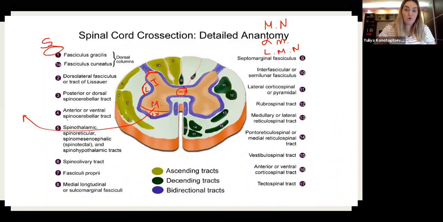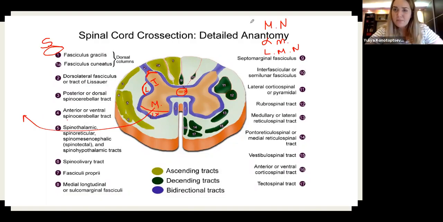Lower motor neuron goes from the spinal cord to innervate the skeletal muscle, right? There's an additional name, anterior horn cell. Anterior horn cell, the same thing. And there's one more. Ventral motor neuron.